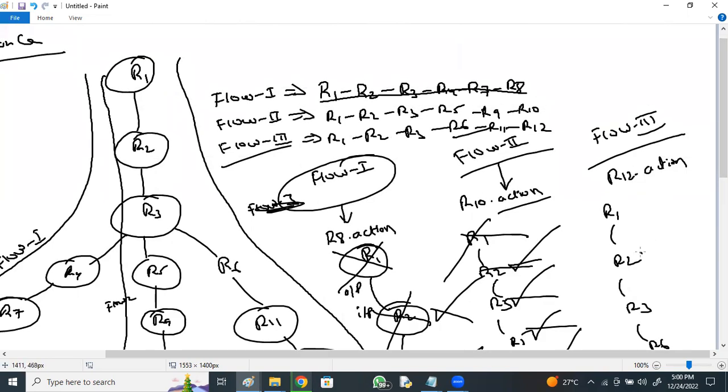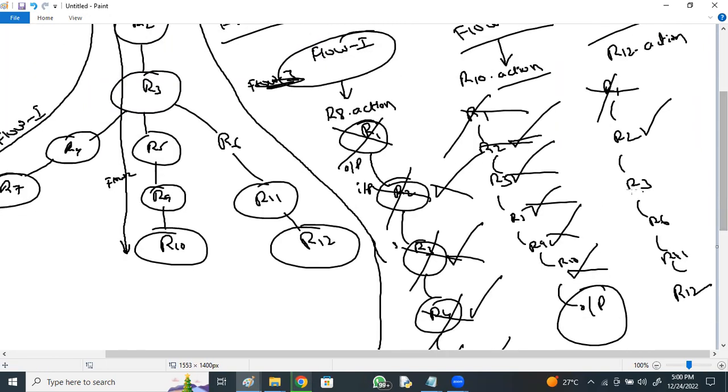So here when R2 is ready, computation finished, R1 removed. When R3 execution finished, R2 gets removed. When R6, R3, R11, R6, R12.